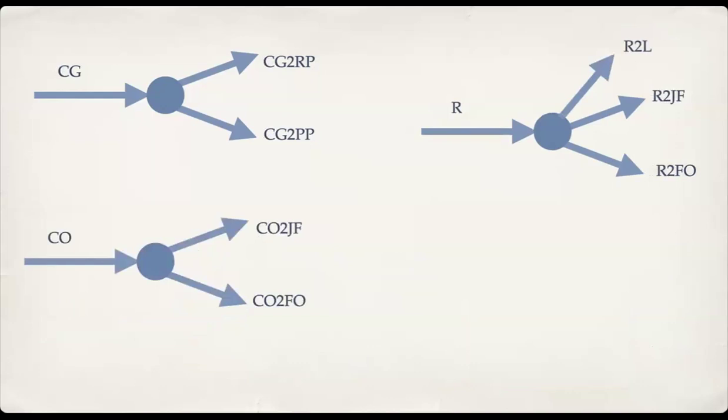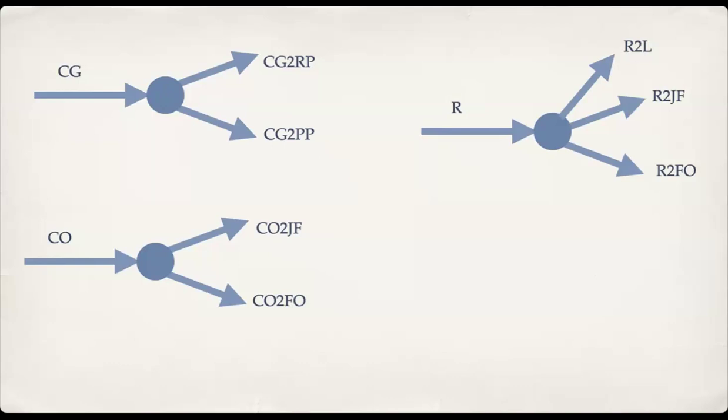Now look at cracked gasoline. Cracked gasoline can be split in two ways. One part we send to regular petrol. The other part we send to blend to form the premium petrol.